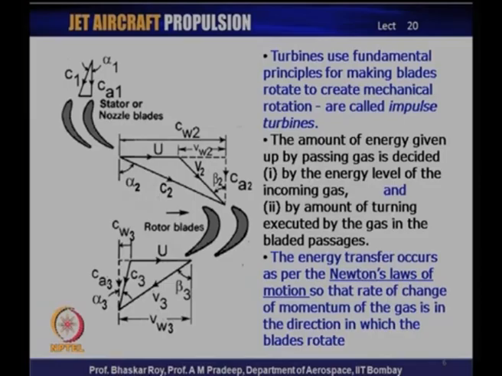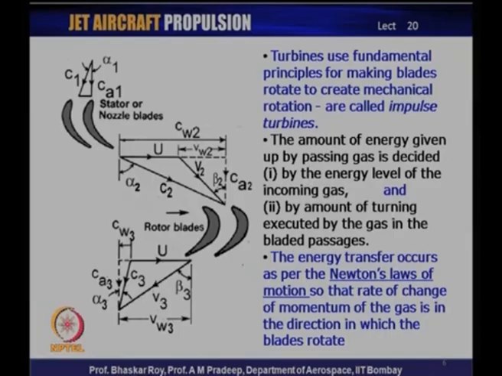This is crucial, as we just mentioned, that we need to create a situation whereby the incoming velocity c 1 is hugely accelerated to a high velocity c 2 as it comes out of the stator nozzles. This will be coming out at a different angle, that is alpha 2, and then this high velocity jet is to be released onto the rotor.